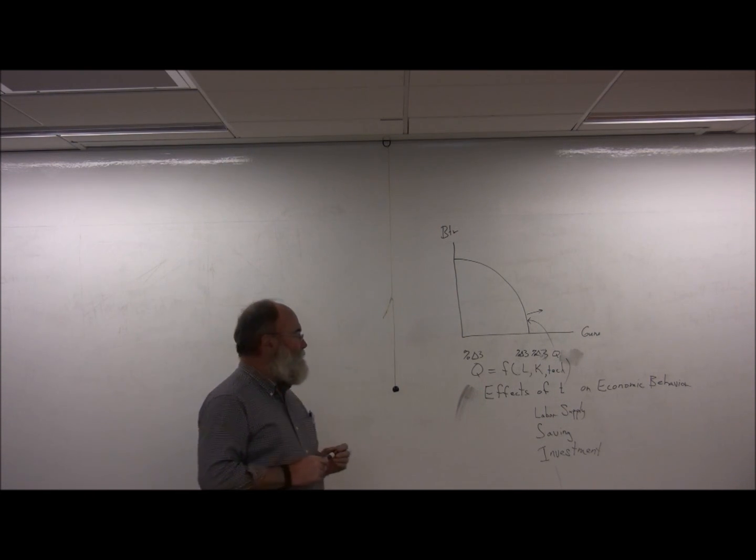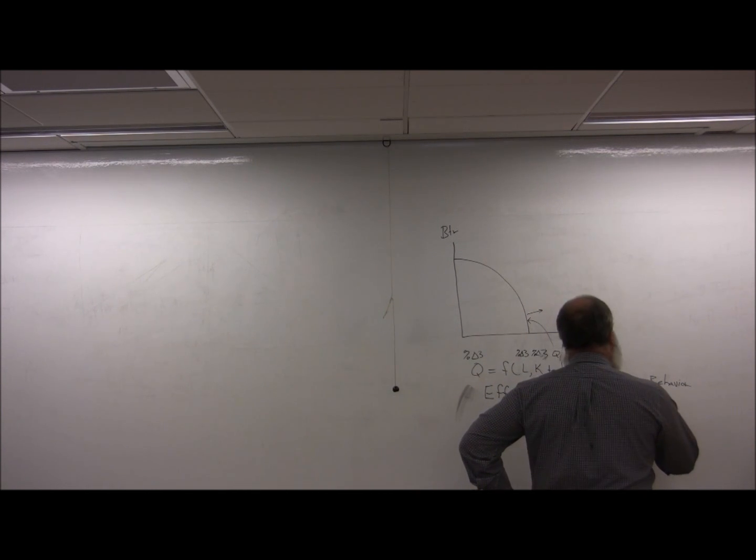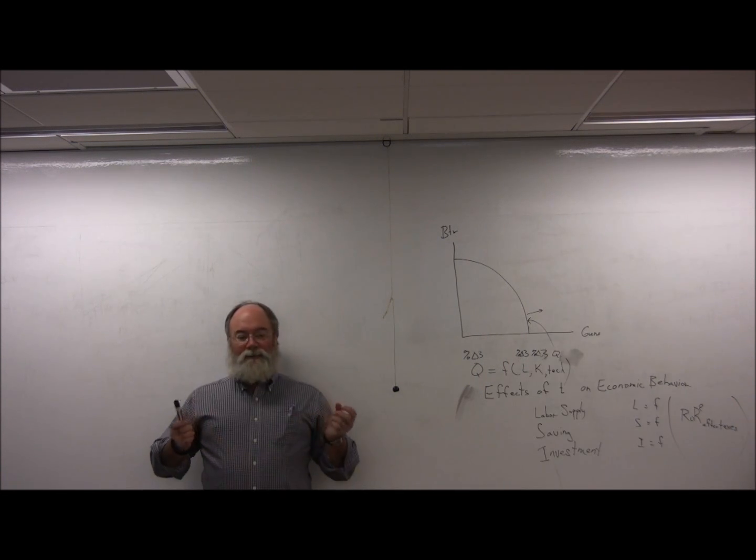And so what the supply-siders said is the primary determinant of labor supply, saving, and investment is rate of return after taxes. Expected rate of return after taxes. We don't care about our gross, we care about our net, our take-home pay, or our take-home interest rate, little t.